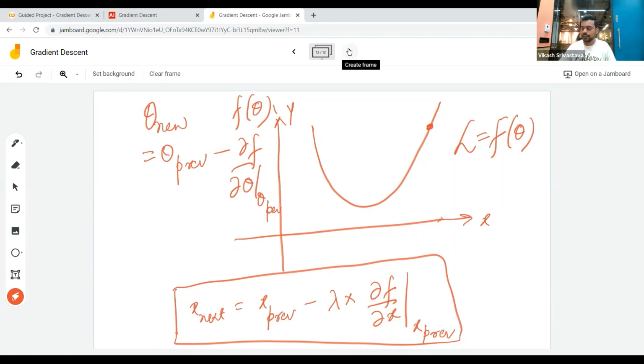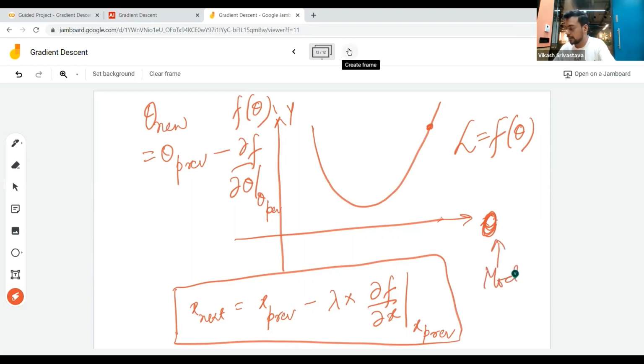Using gradient descent, we'll try to update, or learn, those parameters for which the function takes the minimum value. So if we have theta, this axis will be theta. Do not get confused. I am just taking x here as an example, but in machine learning this x will be replaced by theta, your model parameter. So on the x axis we'll have the model parameters.